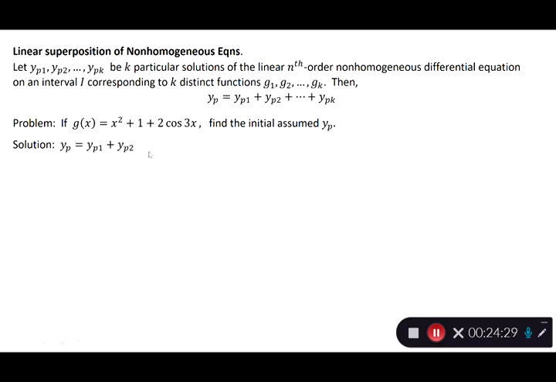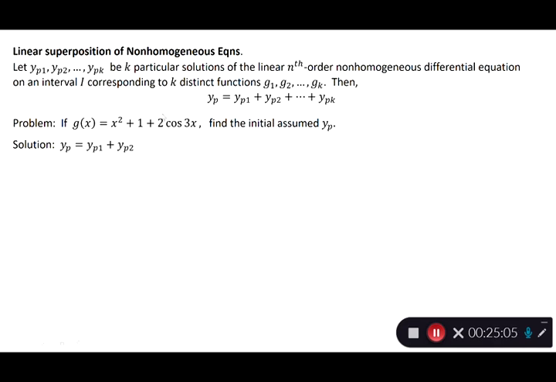Now I need to make an important statement here. This is the idea behind linear. When we have differential equations that are linear, you can do this. In a way, what this is trying to say is if we were to have only g1 of x, we would have gotten a yp1, right?